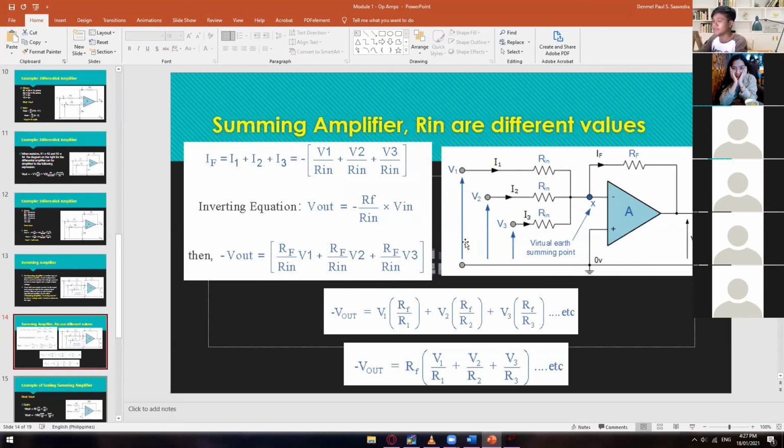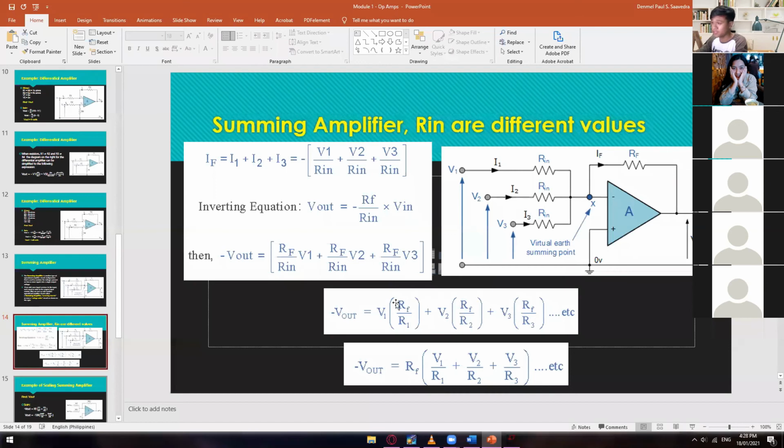And the last one is RF divided by Rin times V3. As you can see, we have patterns which can be simplified like this. You can bring out the RF and have V1 divided by R1 plus V2 divided by R2, and so on and so forth.